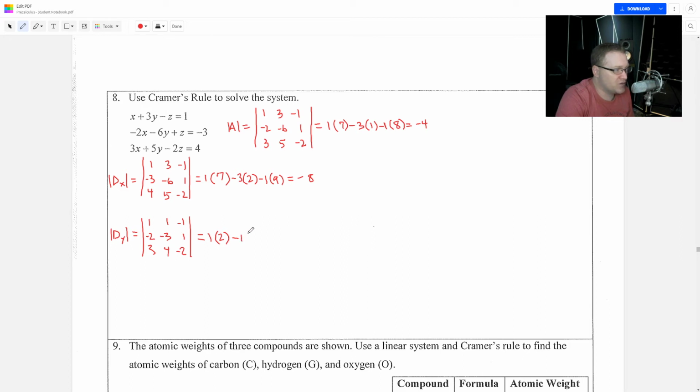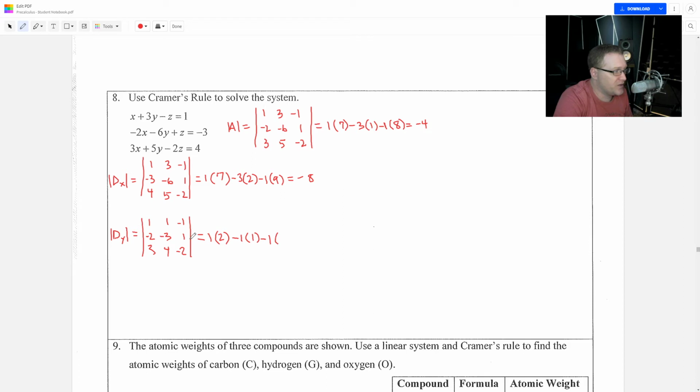If we cross everything out here and here, we're going to have negative 2 times negative 2 is 4, and then 1 times 3 is 3. 4 minus 3 is 1. And then we're going to have plus negative 1. So that's negative 1 minus 1.